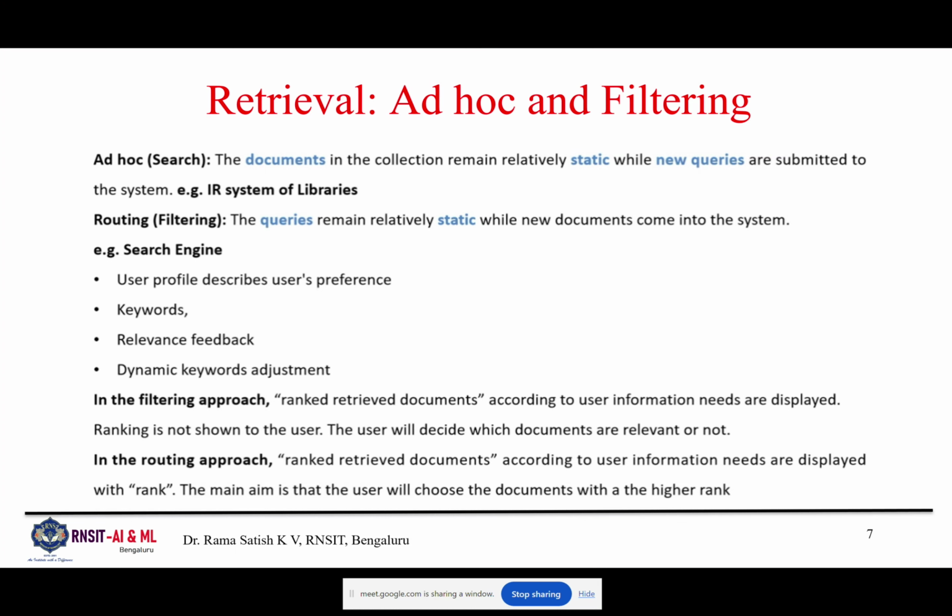In filtering tasks, a user profile describing the user preferences is constructed. Such a profile is then compared to the new incoming documents, in an attempt to determine which are those which might be of interest to a particular user.